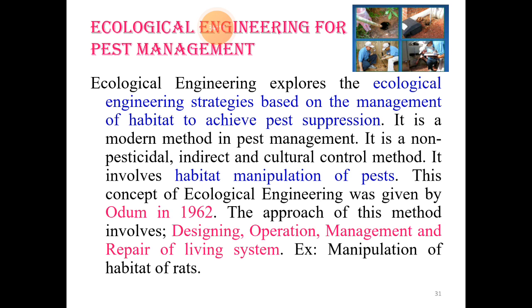So, ecological engineering can be achieved by sanitation, that you clean up the environment of the habitat, excision, where you keep certain mechanical parts to kill the pest, for example, the rat traps.